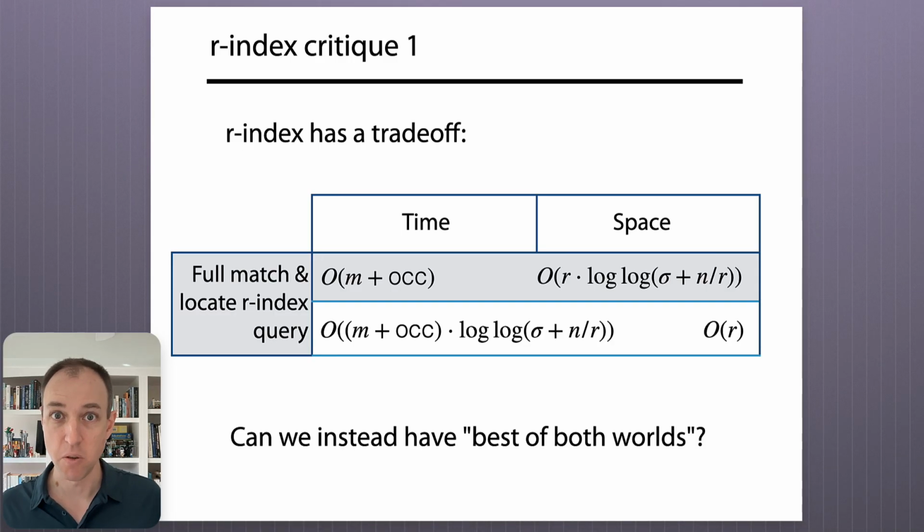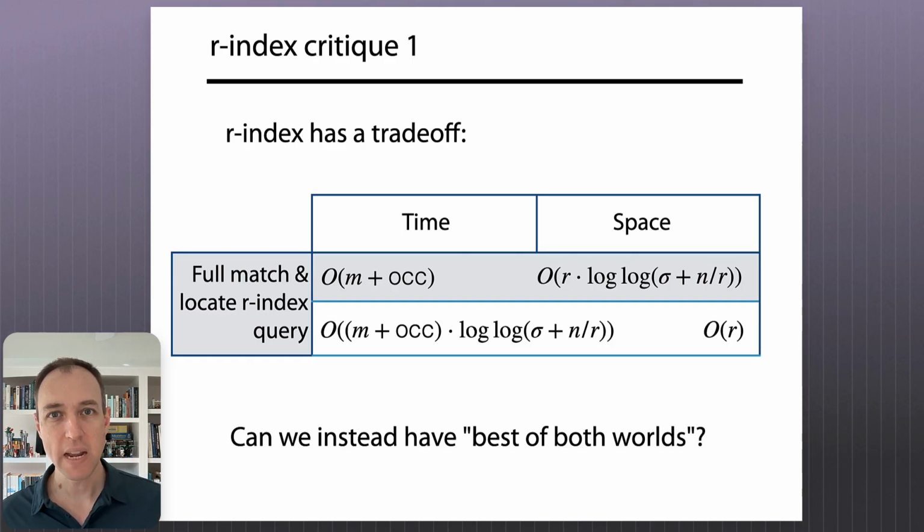That's in some sense the best we could possibly hope to do, given that we have to do the matching query, which means we have to look at all M characters of our pattern, and given that we have to do the locate queries, which means we have to do occ locate queries. So what if we could have big O of M plus occ time and big O of R space? That combination isn't achievable with the R-index.